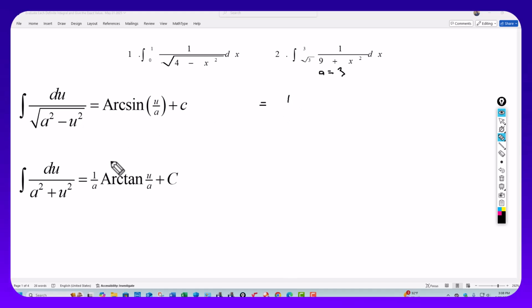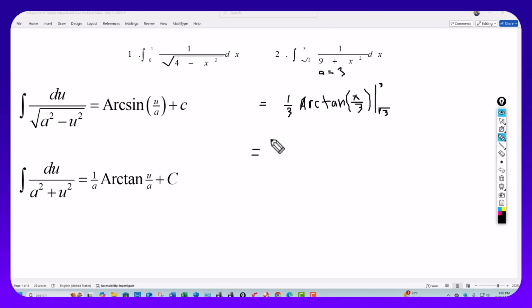So this would be, look at the formula, 1 over a. In our case, it's 9, or 3 squared, so a is 3. This would be 1/3. And it's arctangent, or tangent inverse, of u over a. In our case, u is x, a is 3. And the limits of integration then go from square root of 3 to 3.